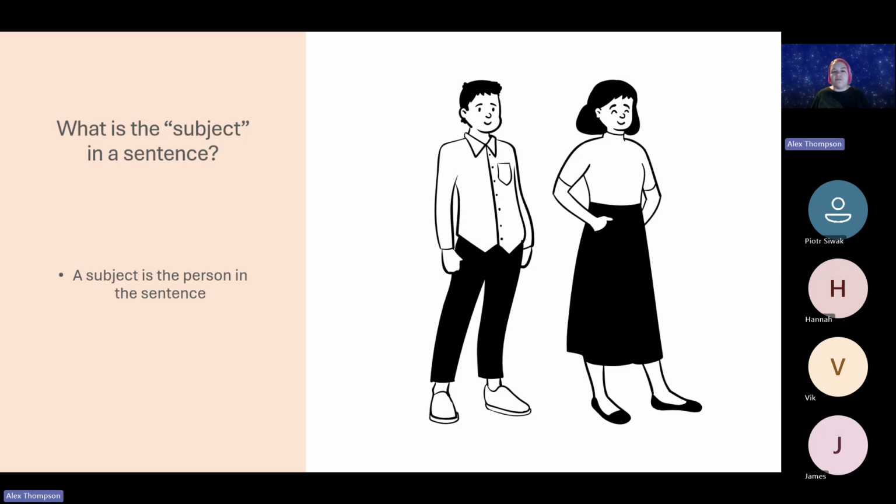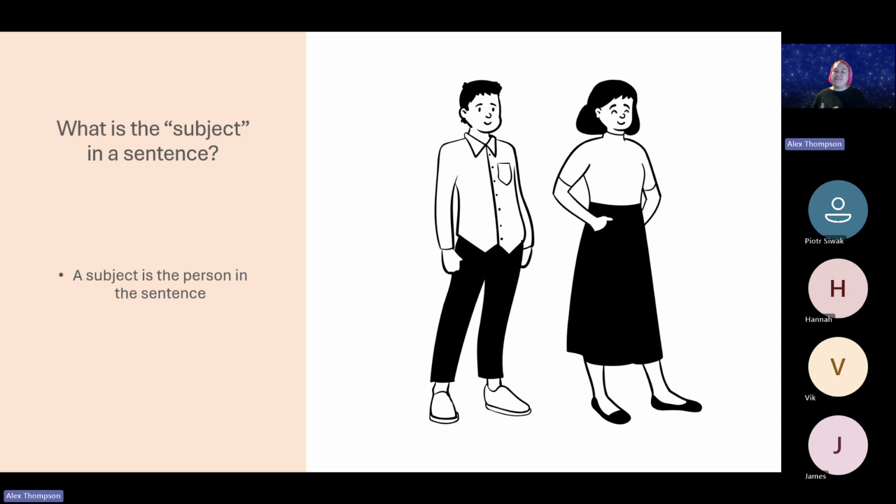So if we're talking about a fella, a lady, children, in some cases we could even be talking about animals or groups of people. It's whoever is the focus of the sentence. That's all we mean by subject. And then we need to think about the predicate.